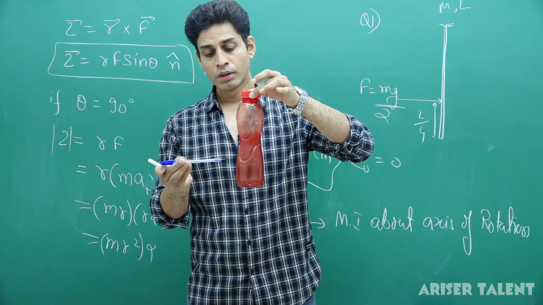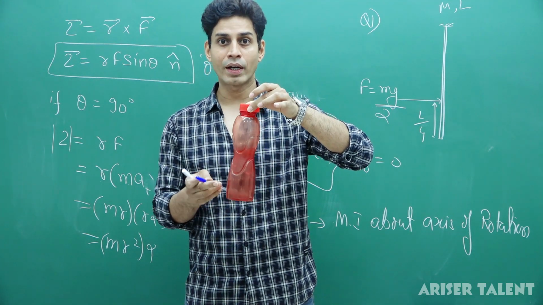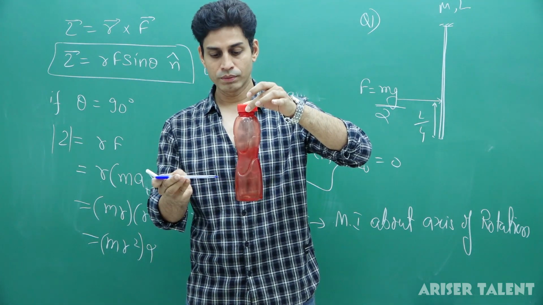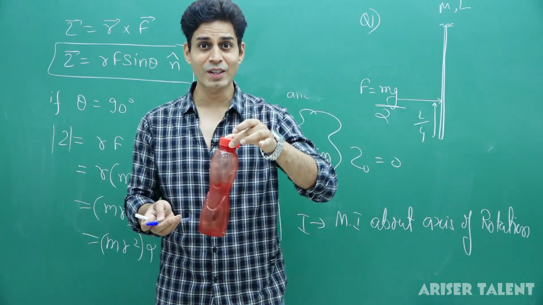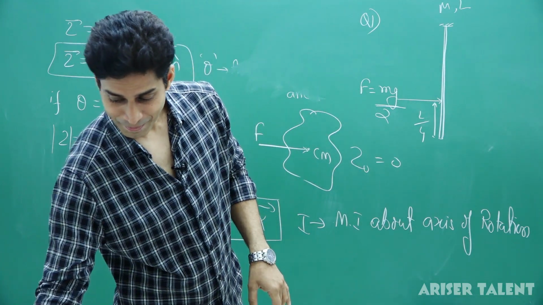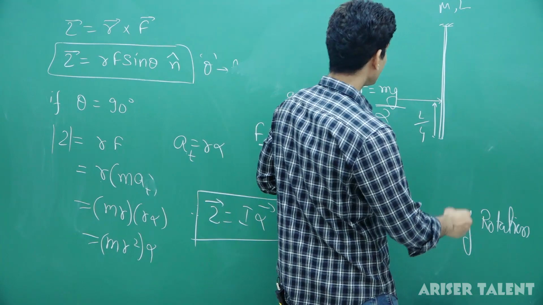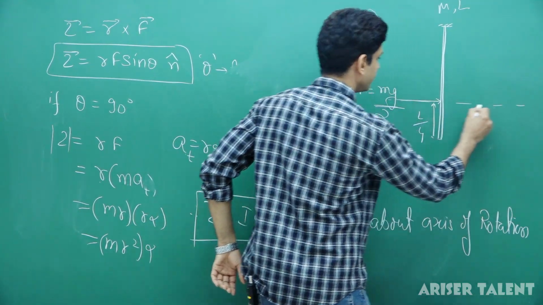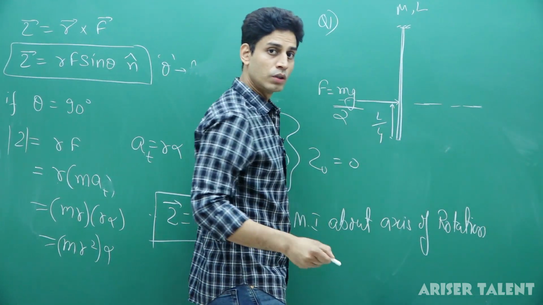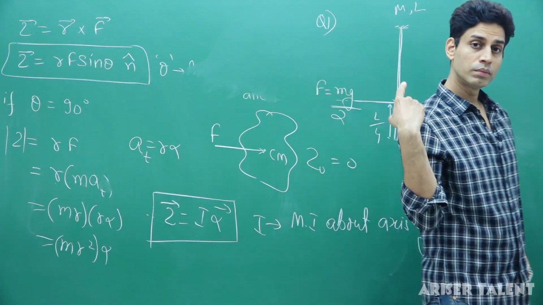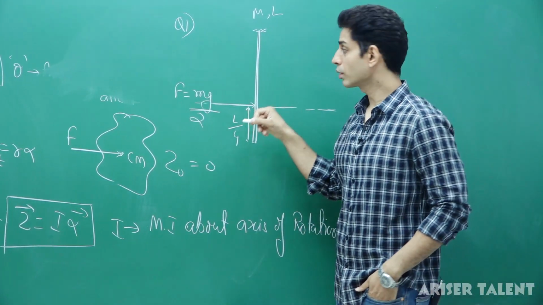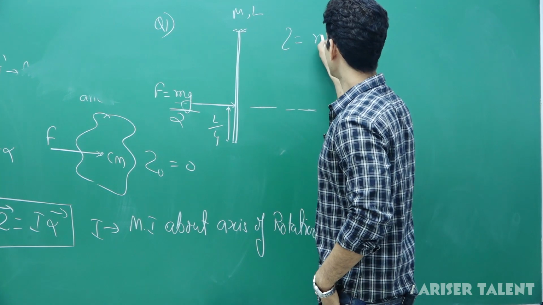So we have to calculate the initial angular acceleration. Now you are feeling this rotational effect. So this is the line of action. So how much torque will this force provide? Force is mg by 2.